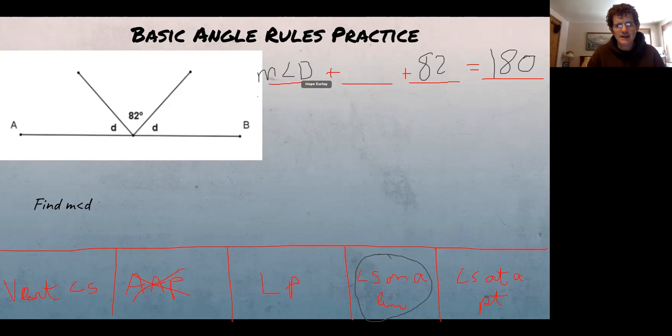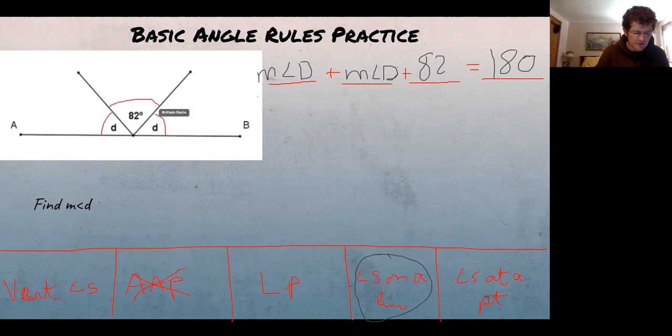Measure of angle D and? There it is. Yeah, the measure of angle D, we've got that twice. And we can see why. We've got two angle Ds right here, and then 182. So that's exactly what we have represented with all this.